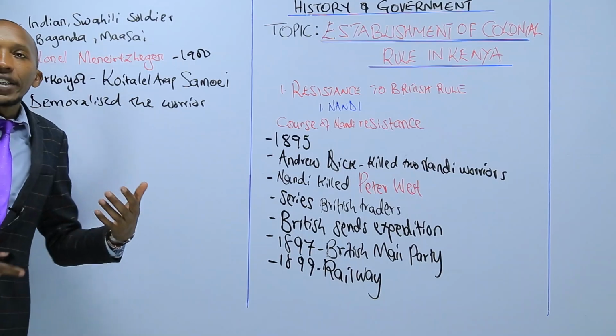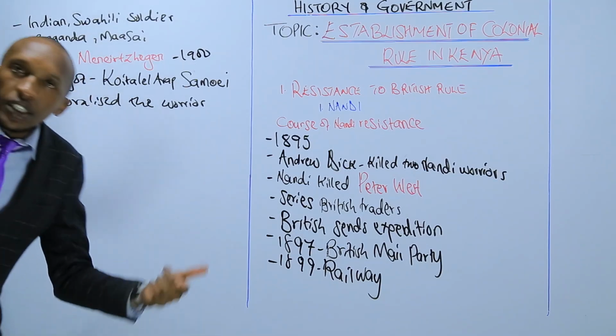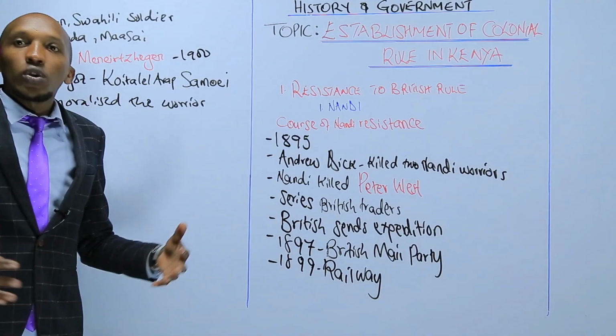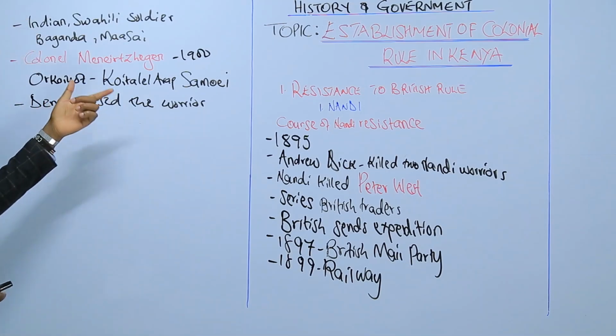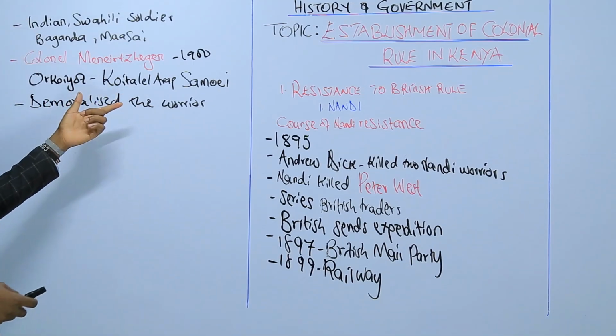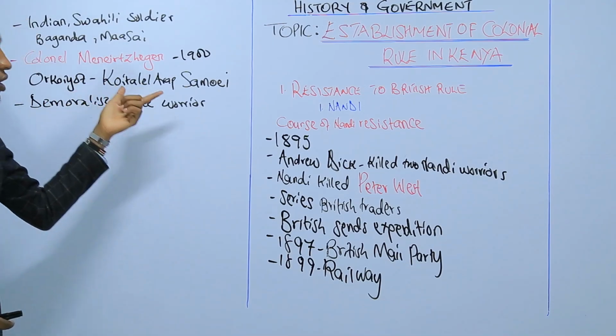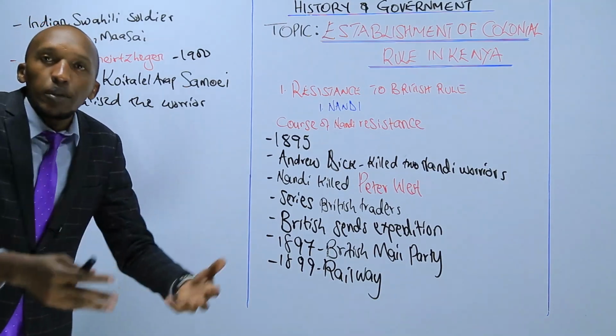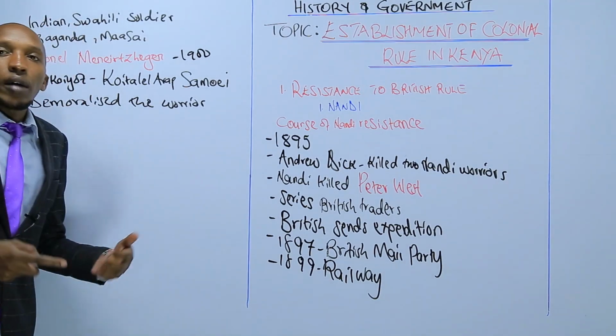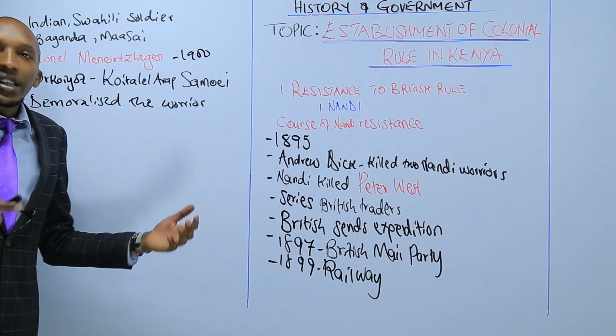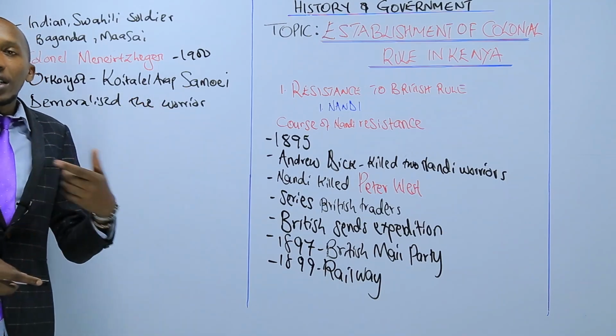So he discovered that the community was galvanized, or united, by the institution of the Orkoyot, and the leader then, who was taking the Orkoyot at that time, was Koitalel Arap Samoei. So he tricked him together with some leaders into a peace meeting, and then he captured Koitalel Arap Samoei and executed him.